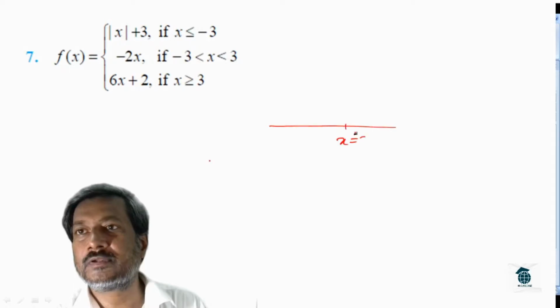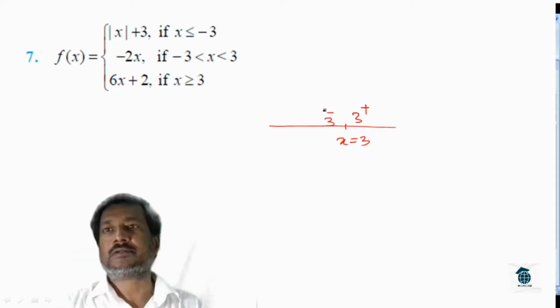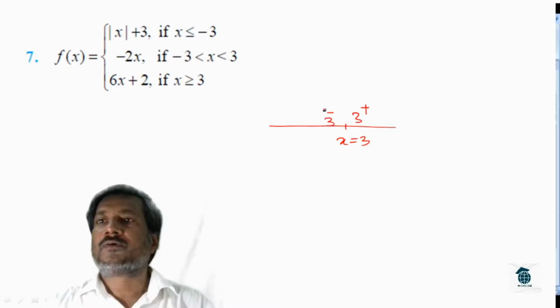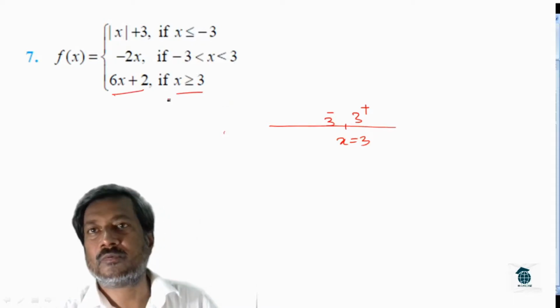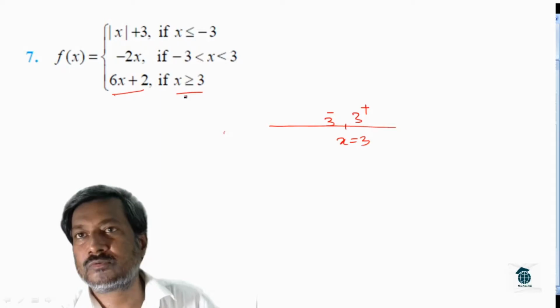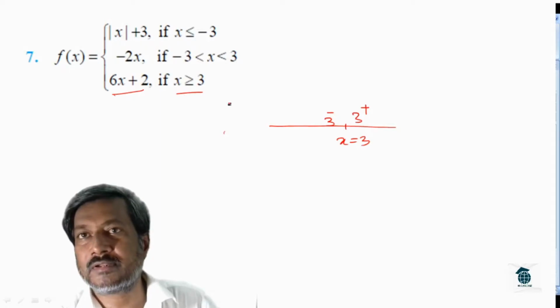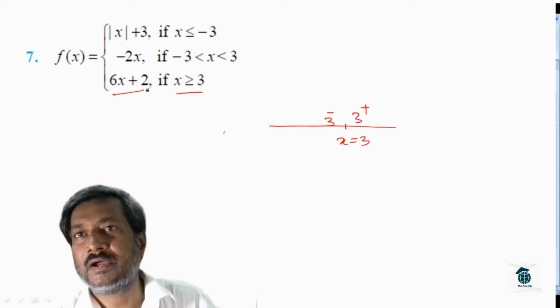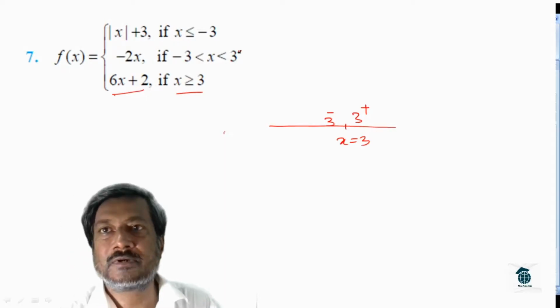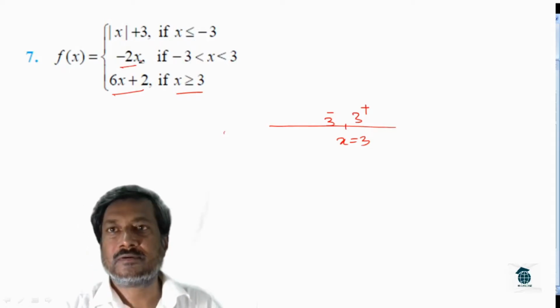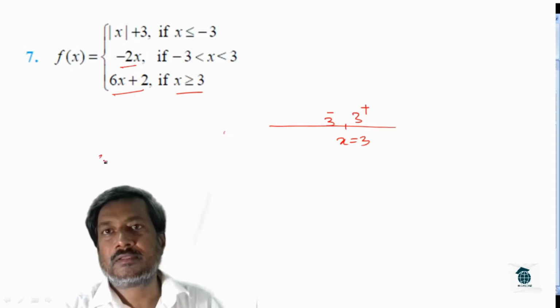This one is 3 plus and this one is 3 minus. At x equal to 3 the function is 6x plus 2, and at x equal to 3 plus, that is greater than 3, the function is again 6x plus 2. And at x equal to 3 minus, that is less than 3, the function is minus 2x.